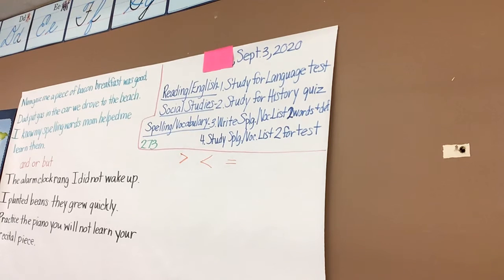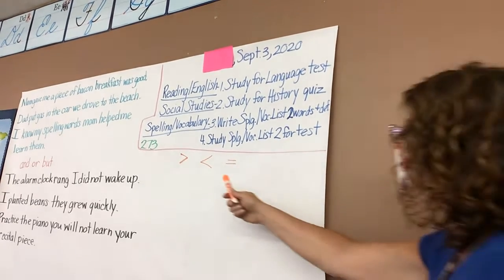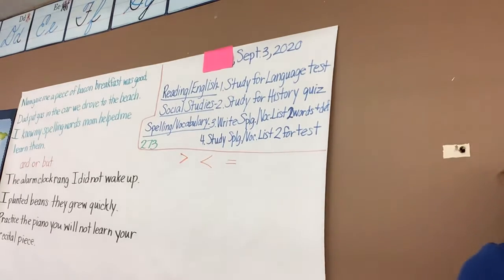So you're going to gobble up which one? 58,376. Very good. So you would be using this one, saying that 58,370 is less than 58,376.